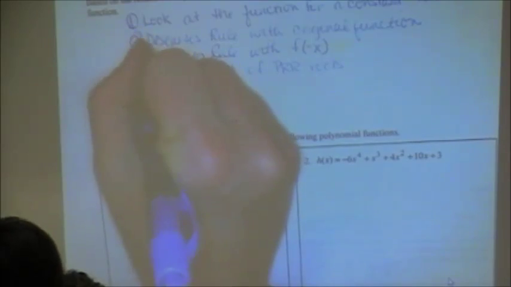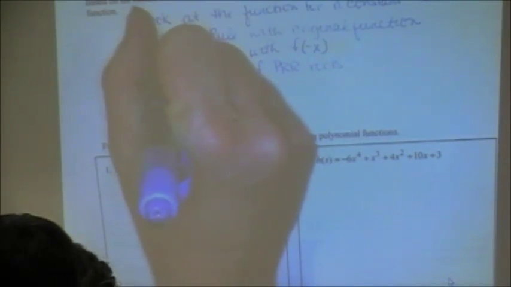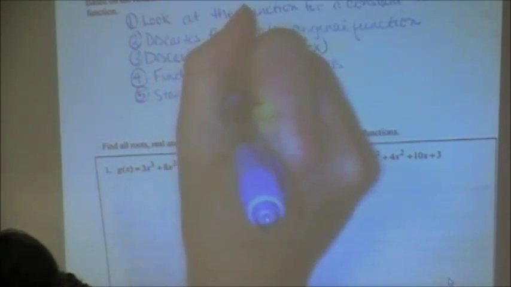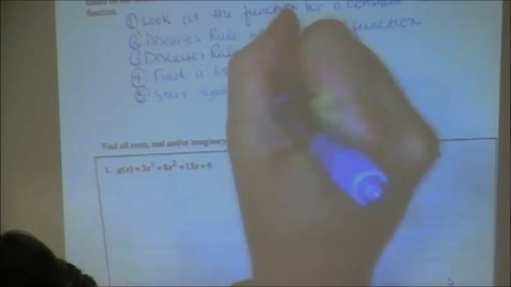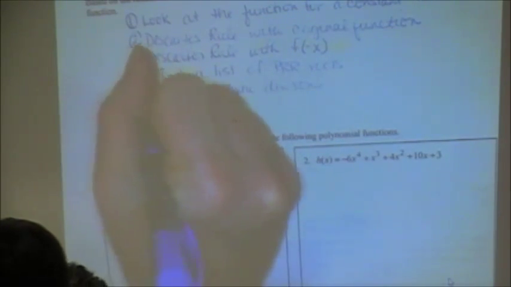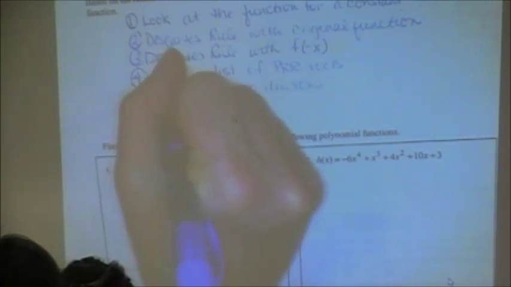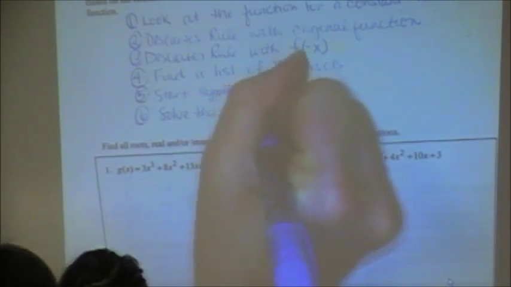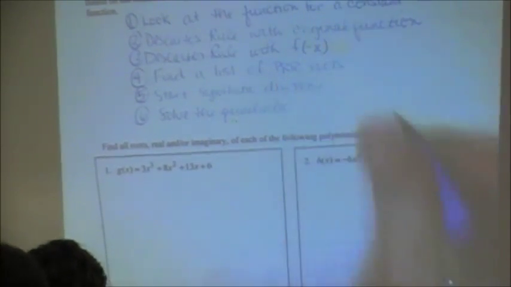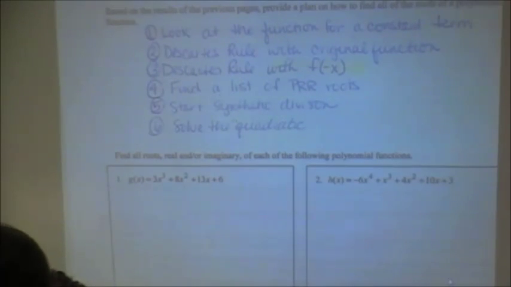And then, once we've done that, then your next step is just to start synthetically dividing. And then solve the quadratic, however you have to do that, factoring or the quadratic formula or completing the square.